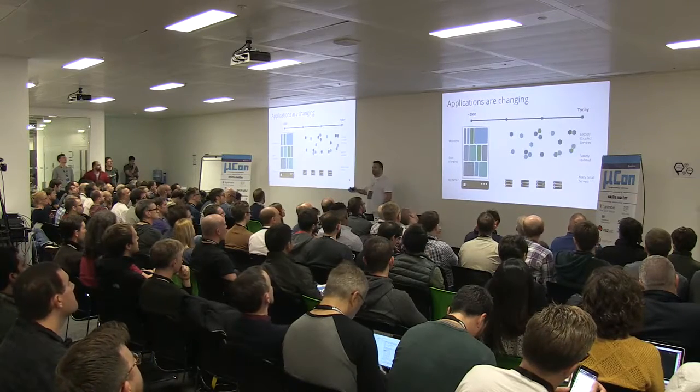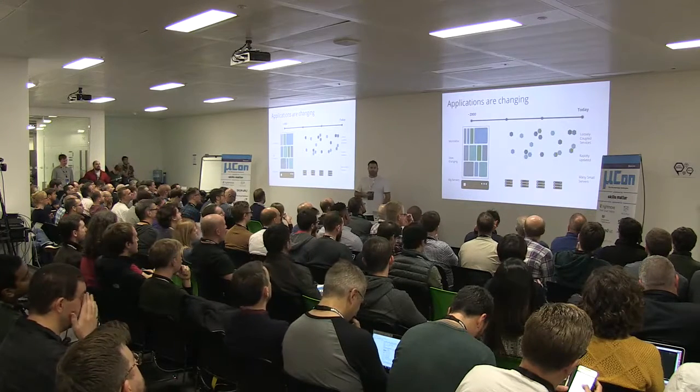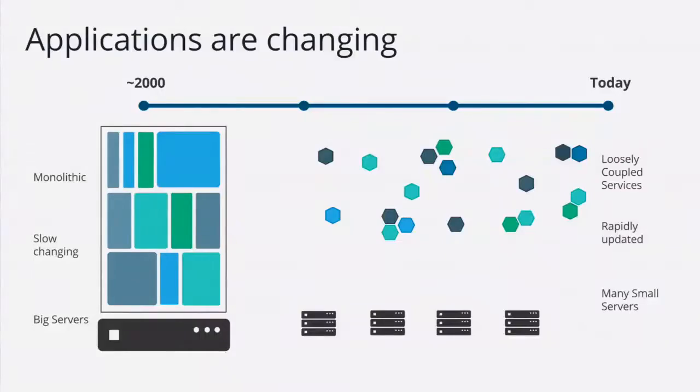Applications throughout the years have changed a lot. From the early 2000s, everyone had monoliths. They liked it. It scaled. Today, the scale is much, much higher, so applications need to be distributed.